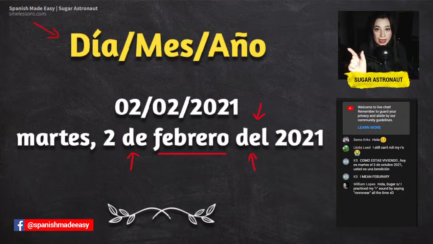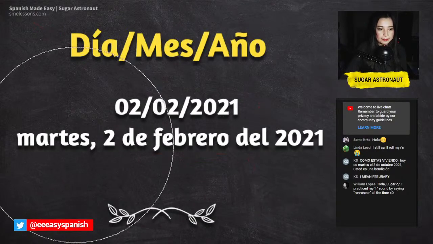We shorten the two words de and él, and we say del, okay? That's another lesson. But just remember that you have to have this word del 2021, okay? So that's something important to remember.